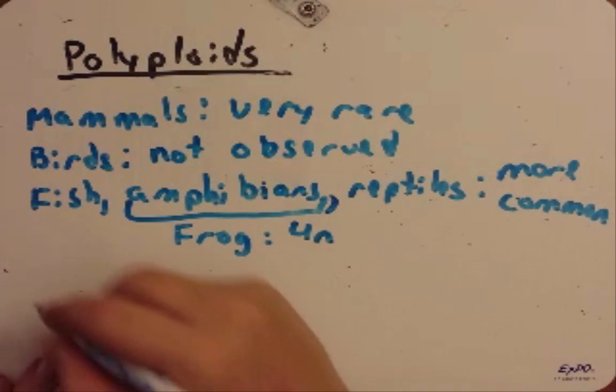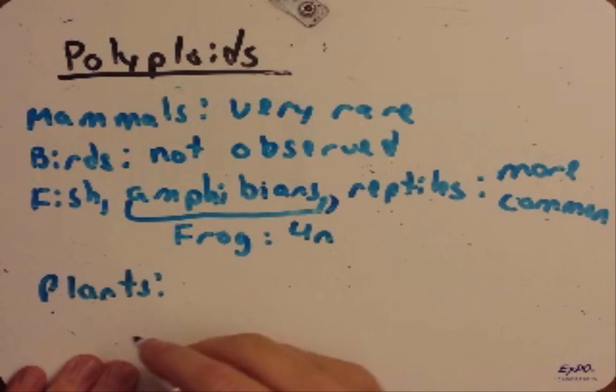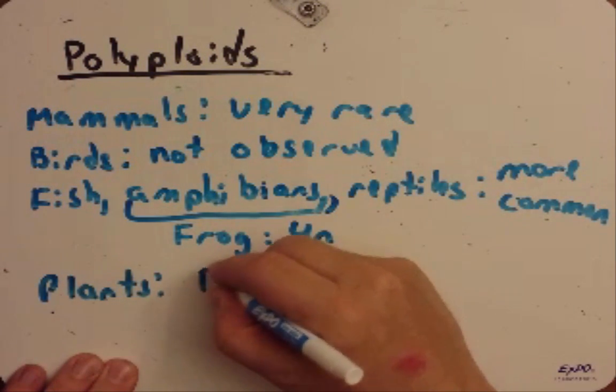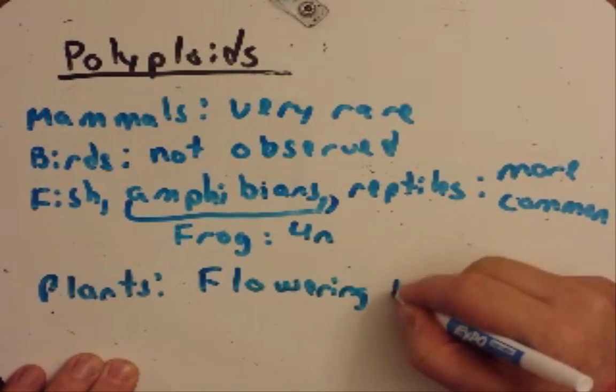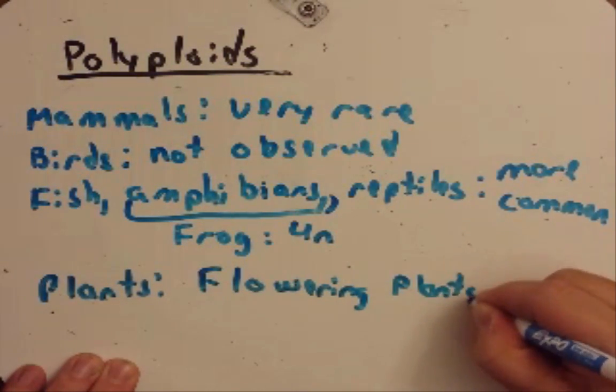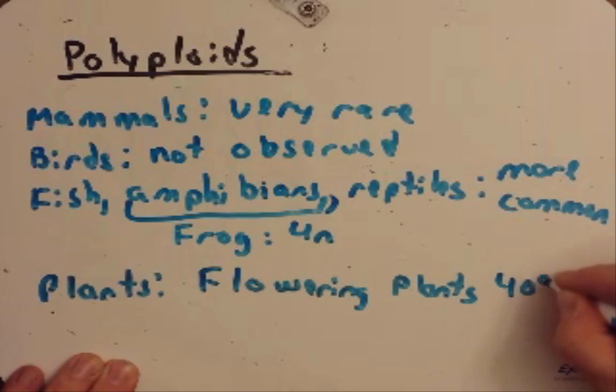Now, where we see a big jump in polyploids is when we look at our plants. In plants, and we'll talk about a couple of examples here, in flowering plants, we know there's about 40% of them that are polyploid.